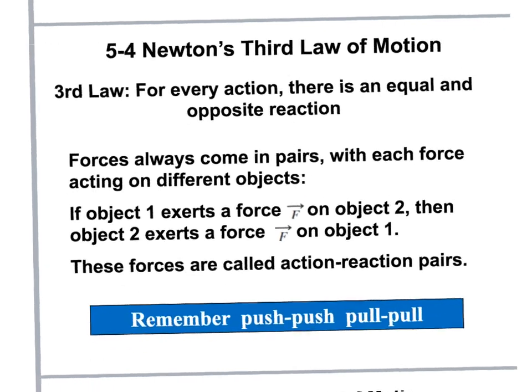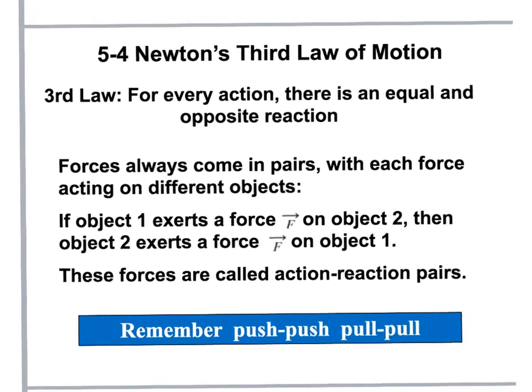Newton's third law states that for every action there's an equal and opposite reaction. So again, they come in push or pull pairs, and the forces always come in pairs with each force acting on different objects, so they don't cancel each other out. N and W would cancel out because they're both acting on the same thing.